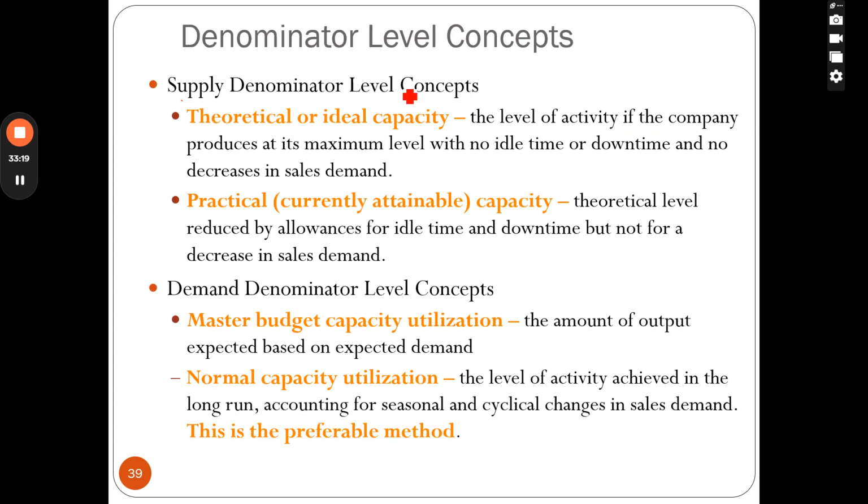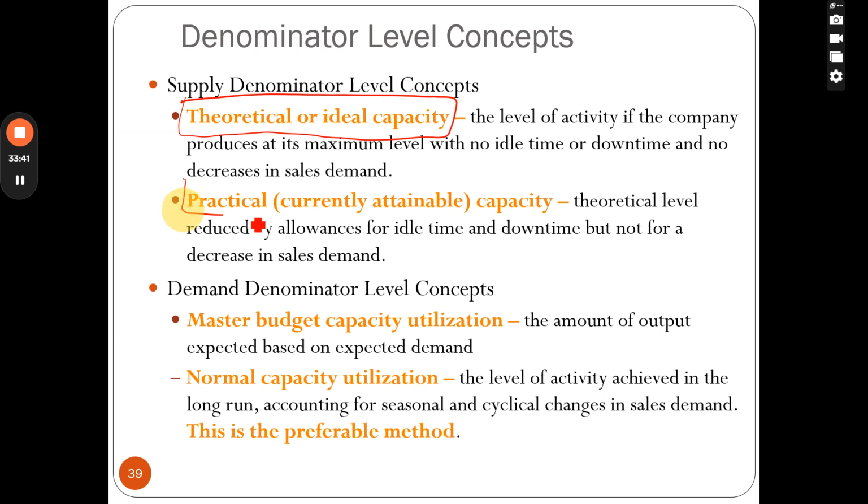The supply denominator level concepts are theoretical or ideal capacity. Theoretically, how many units you can make without considering any idle time or downtime. In an ideal situation, how many units you can make.